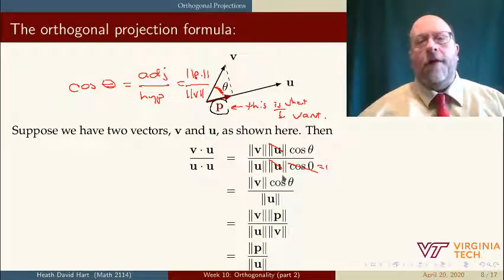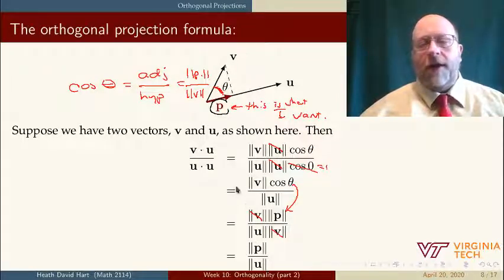And so if we replace cosine theta with magnitude of p over magnitude of v, then the v's cancel, and we get a fraction that is the magnitude of p over the magnitude of u. Hold on to this fraction. We're going to use this on the next slide.